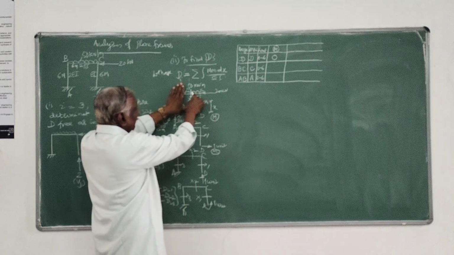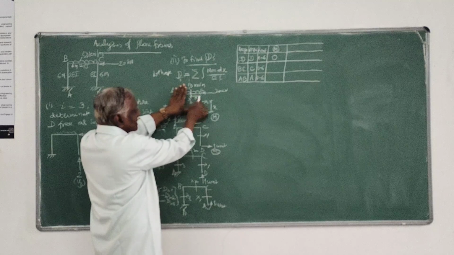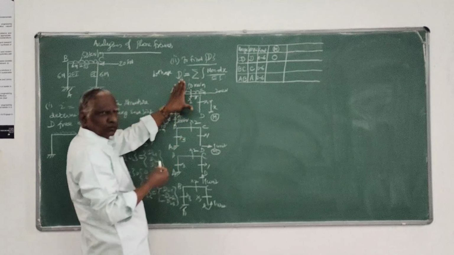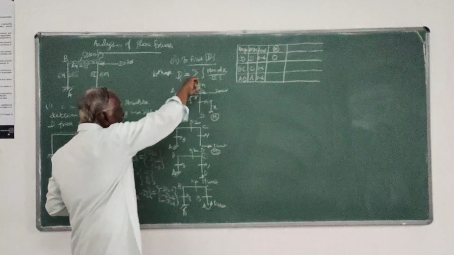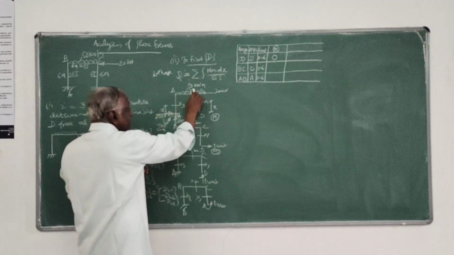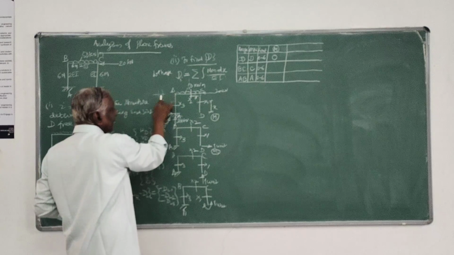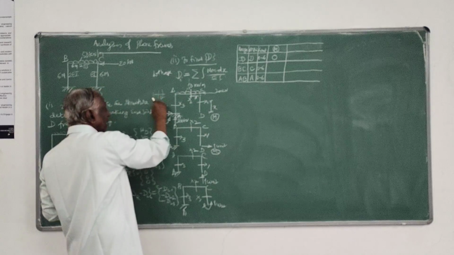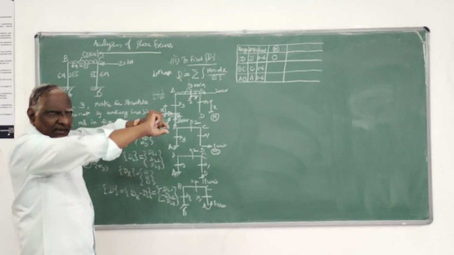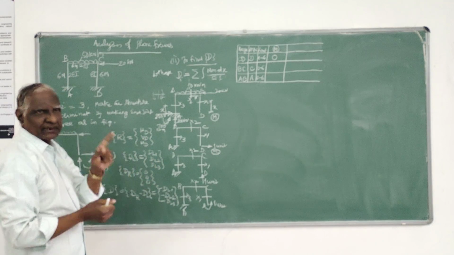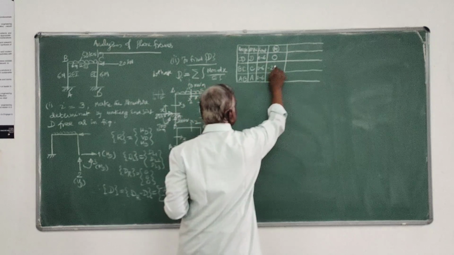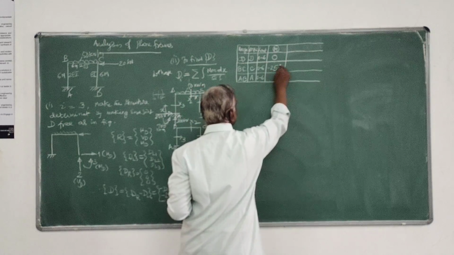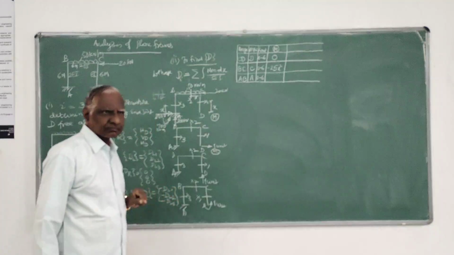So the bending moment will be 50 into x into x by 2, that is 50 x squared by 2, that is 25 x squared. That acts like this, so on the opposite side it will be opposite. It gives a hogging type of moment, so it is negative, minus 25 x squared.